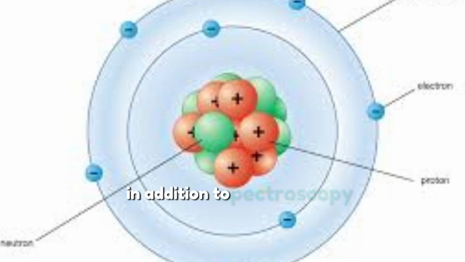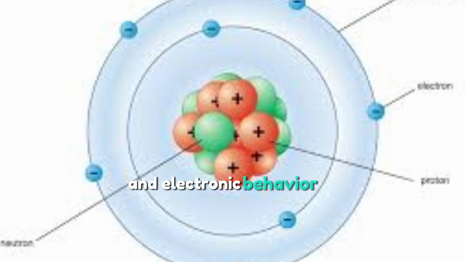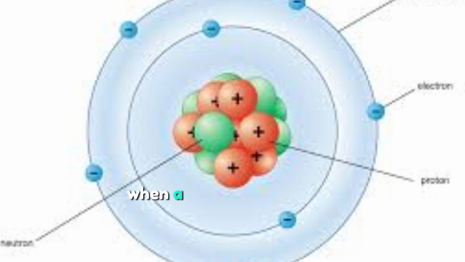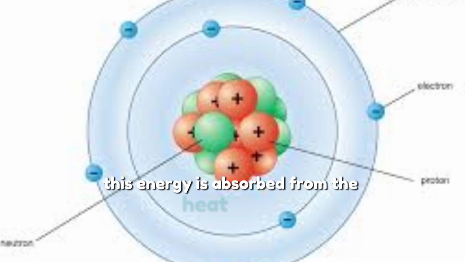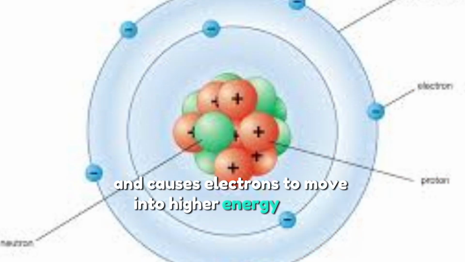In addition to spectroscopy, Bohr's model shaped the understanding of thermal and electronic behavior in materials. When a substance heats up, the electrons gain energy. This energy is absorbed from the heat source and causes electrons to move into higher energy states.